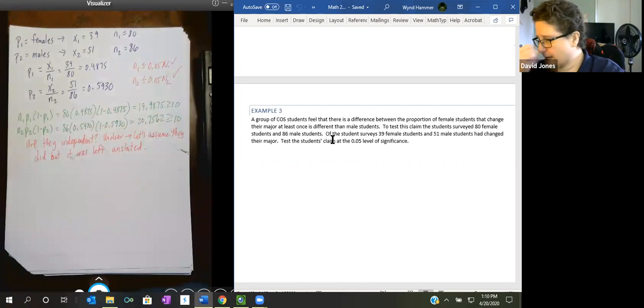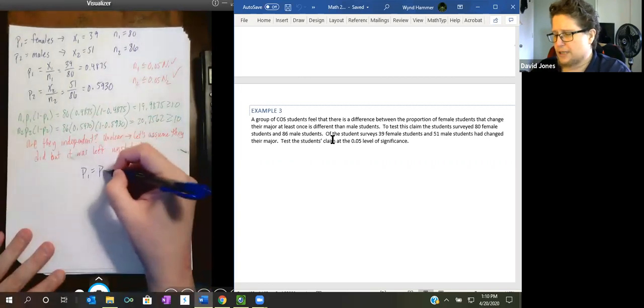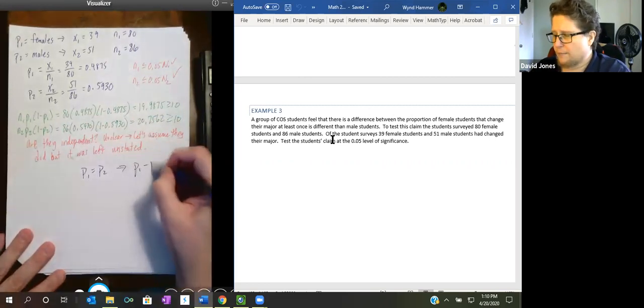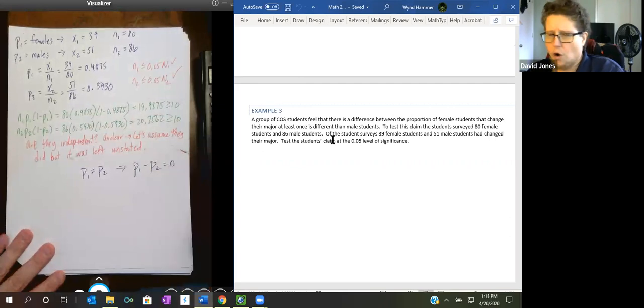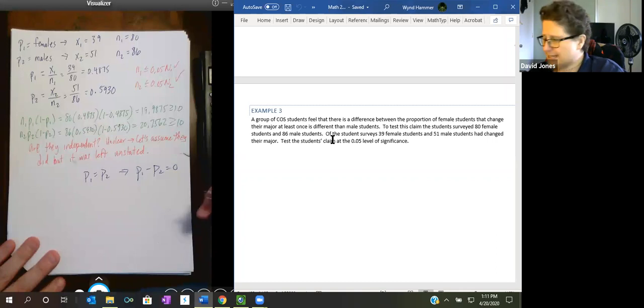The question is, what's going on here? How are we going to do our test? We have P1 equals P2, which leads to P1 minus P2 equals 0. What symbol should I be using in between? Does it matter which group I label P1 and P2? It says that there is a difference. They don't indicate what the difference is.